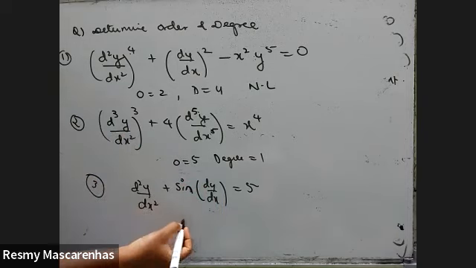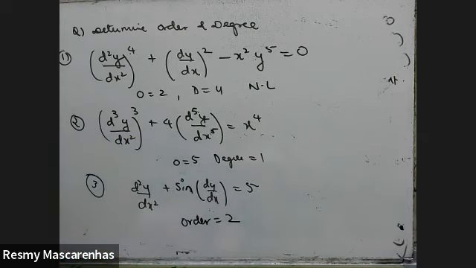Order anyways will be 2. Now degree, there's a definition. Degree is the power of the highest order derivative provided the differential equation is free from any radical or any other fractions. Radicals means root sign.